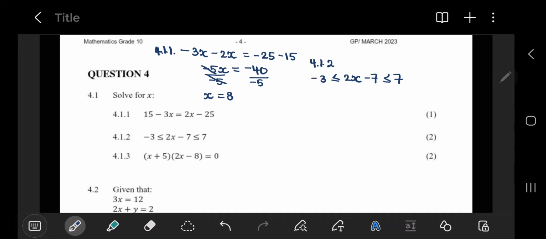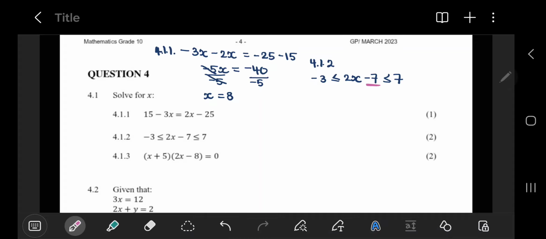Now we're working with 4.1.2, and we've got inequalities. So when you have inequalities, especially this kind where you've got 2 separate inequalities, your aim is to get x alone in the middle. And whatever you're trying to cancel out, you have to cancel it out throughout, meaning that we're going to start off by trying to get rid of this negative 7.